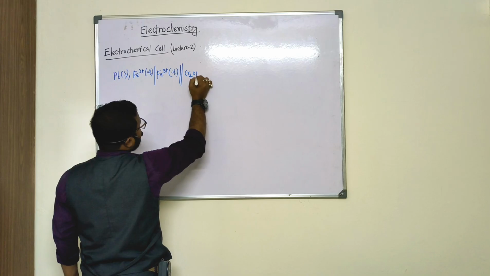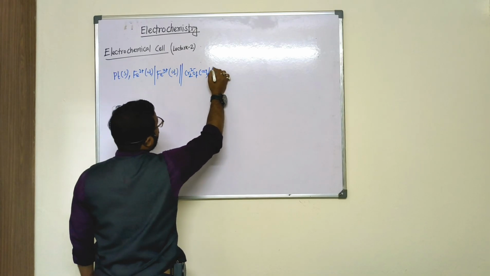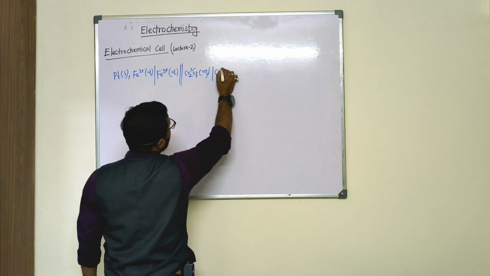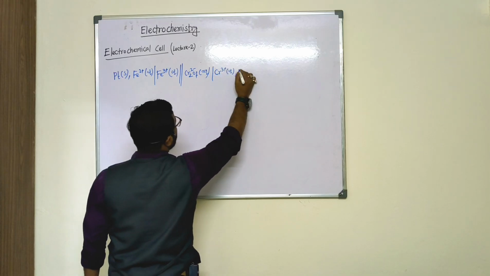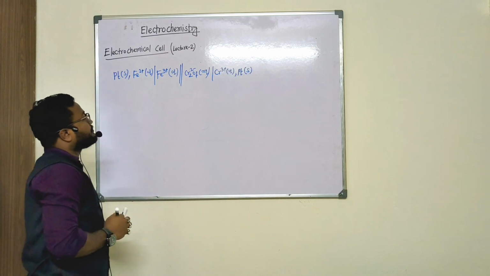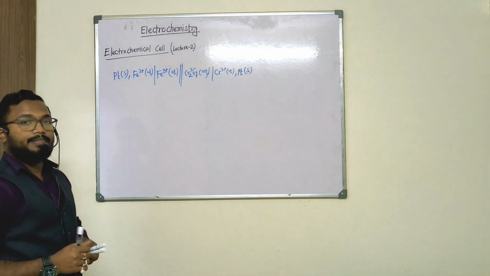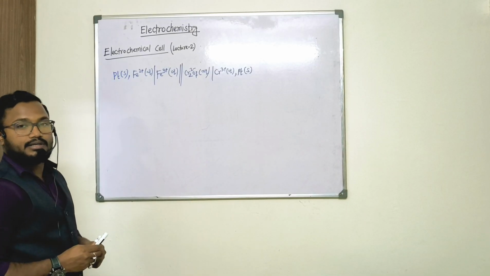Now Cr2O7 2⁻ aqueous is transferring to Cr3+ aqueous. As it is aqueous, there needs to be an inert electrode added. So this is the format.